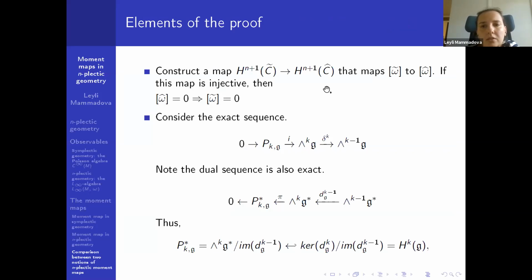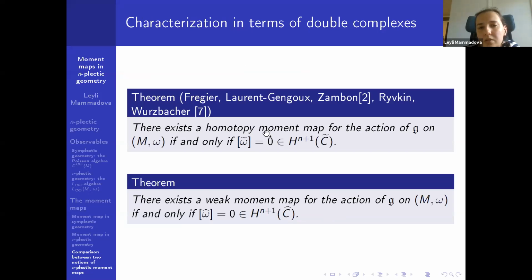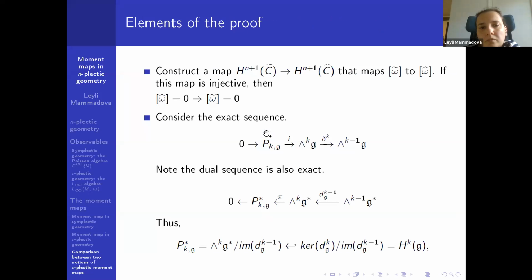Just a sketch of the proof: basically what we did was construct a map from the n+1 cohomology of the first complex into the n+1 cohomology of the second complex, and if we could show that this map was injective, then this thing vanishing would imply this thing vanishing, and then because of these two results, we would get that if a weak moment map exists, then so does a homotopy moment map.